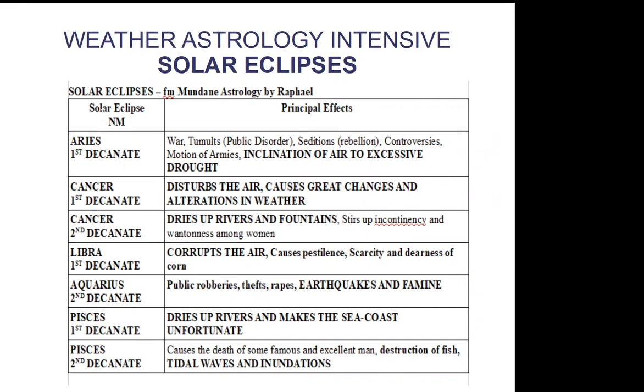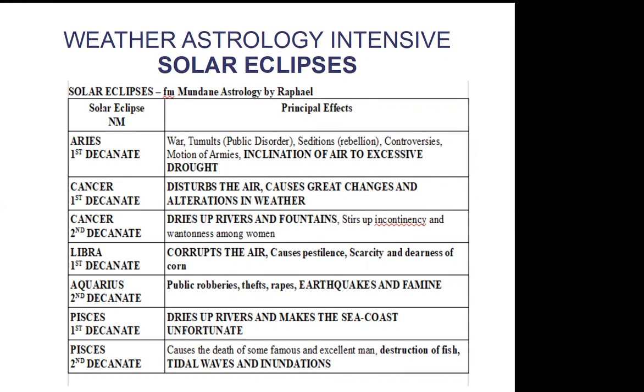When you go through the list, this is all I could find that was actually specifically weather. So the first decanate of Aries, and remember the decanates split 30 degrees into 10: first is 0 to 10, second decanate 10 to 20, third decanate 20 to 30. First decanate of Aries, inclination of the air to excessive drought. So if you've got the eclipse in the first decanate of Aries, you're going to watch out for drought.